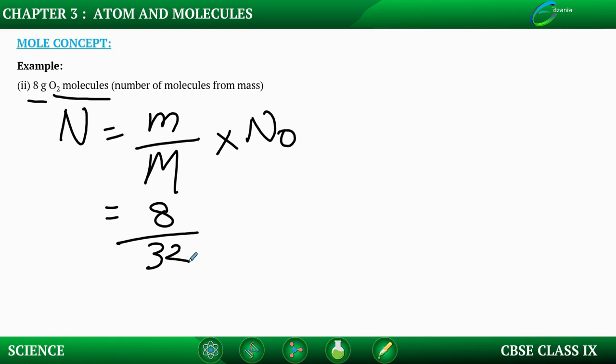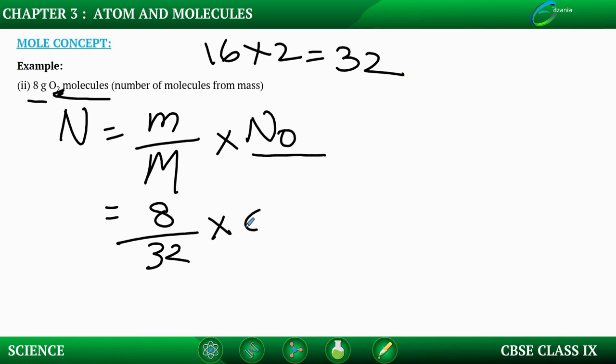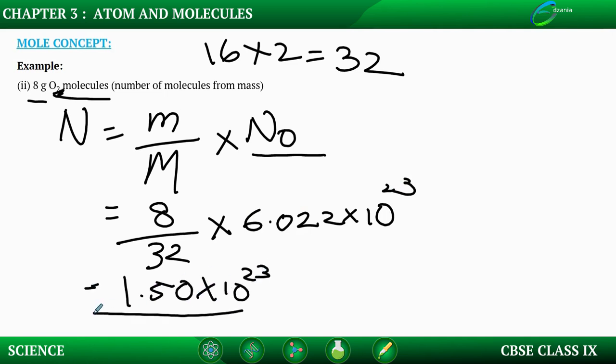The atomic mass of one atom of oxygen is 16 and there are 2 atoms of oxygen, so into 2 that gives 32 grams. So 8 divided by 32 into Avogadro's number, 6.022 into 10 raised to 23. The final answer is 1.50 into 10 raised to 23. So these many molecules will be present in 8 grams of oxygen.